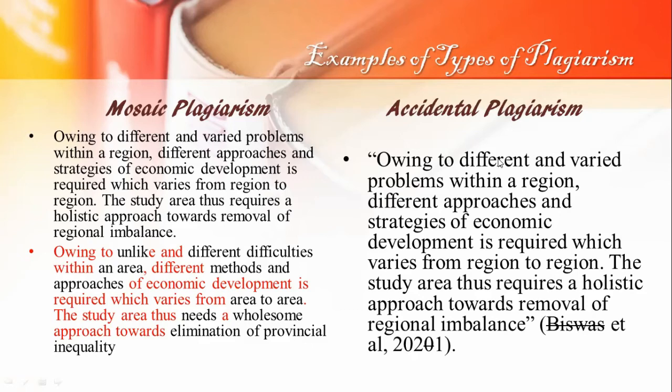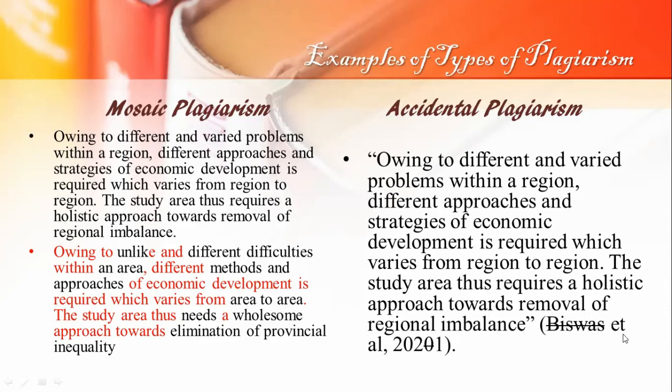Then comes accidental plagiarism. I have given quotation marks, and quotation marks are okay. But accidentally the author, instead of my name, may give some other name. Generally, this is how we give a reference: the surname, et al. Why? Because there is more than one author, so we give et al., then a comma, and then the year.